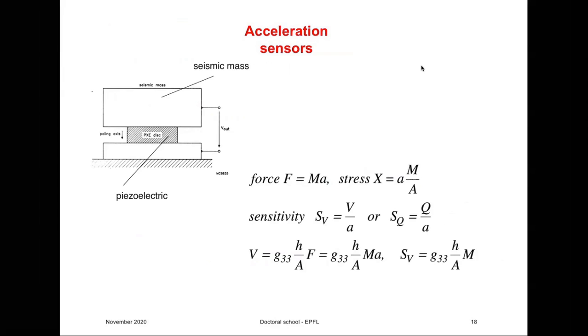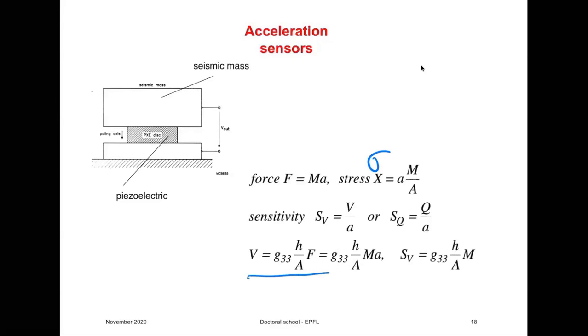You can use piezoelectric effect to measure acceleration. You have what is called seismic mass or proof mass. You put it on your piezoelectric element, and then if there is acceleration, that mass times acceleration will exert a force on piezoelectric material, and the stress that you get is equal to this.